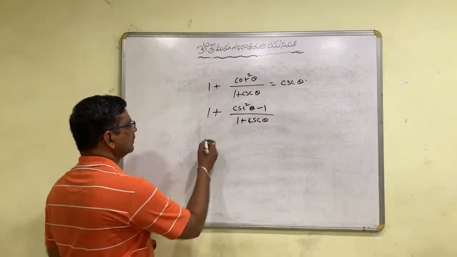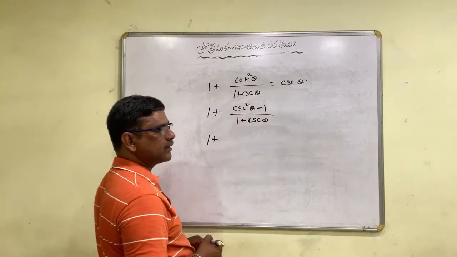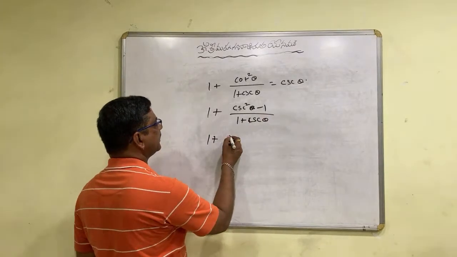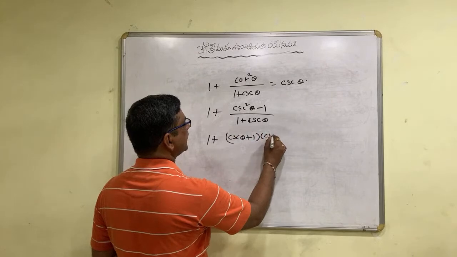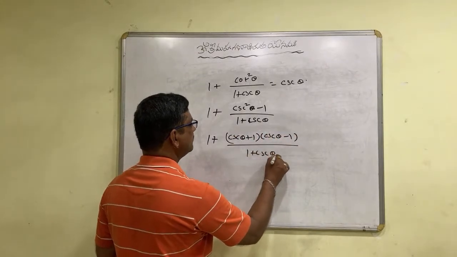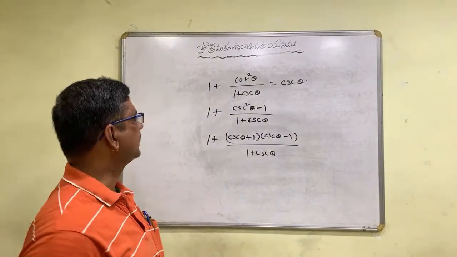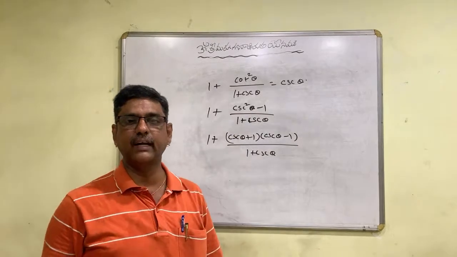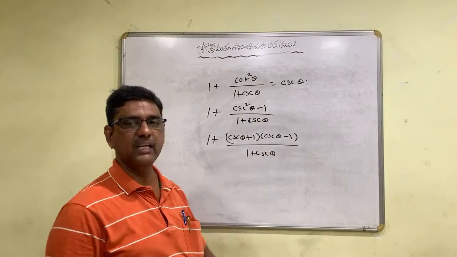So now, in the beginning of the class I told you, we need to habituate that cosecant square theta minus 1 can be written as cosecant theta plus 1 into cosecant theta minus 1 by 1 plus cosecant theta. We need to build the habit that whenever we see cosecant square theta minus 1, if needed, we write it in a plus b, a minus b form.